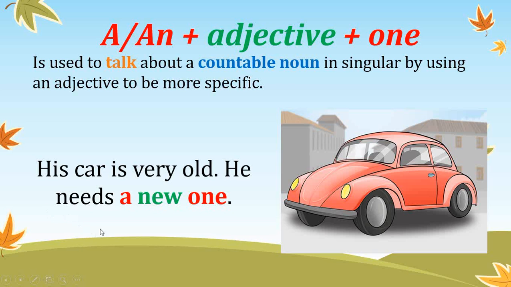He needs a new one. We use one for not repeating the word car, because we already know that we are talking about a car. And we use the adjective new to show a difference between the object that we are talking about and the other one.